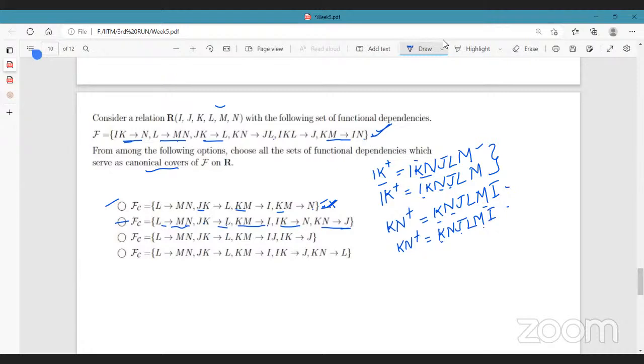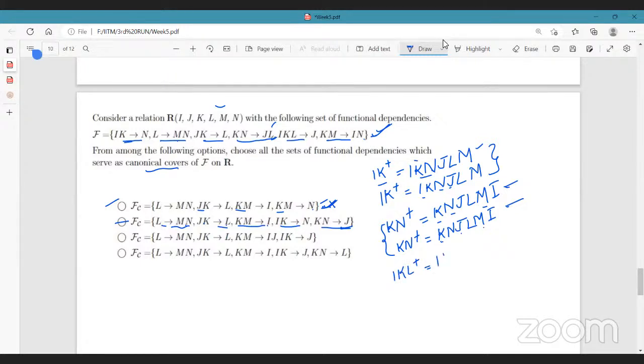So even if we remove L from this particular functional dependency, L is an extraneous attribute. So even if we removed it, we are still getting the same result of the closure of KN.